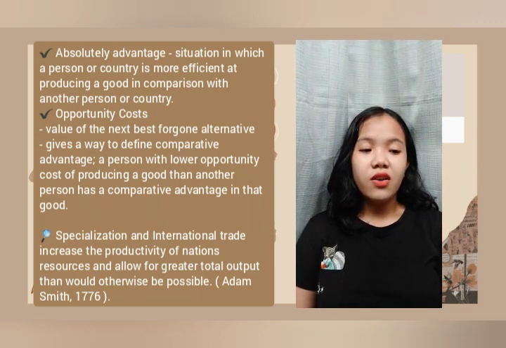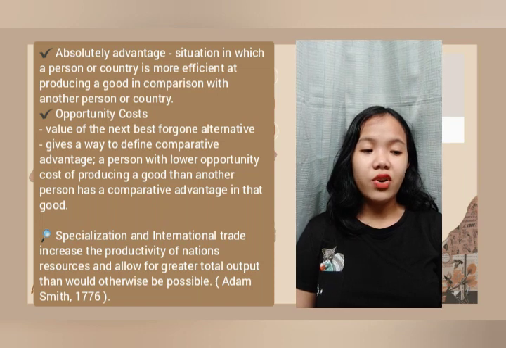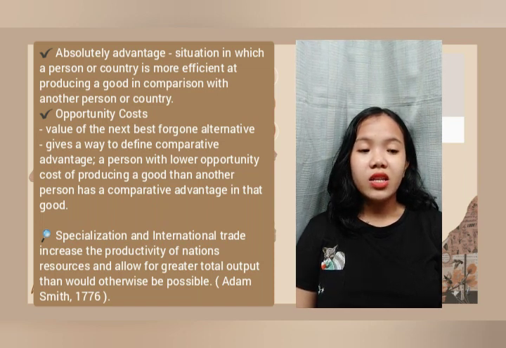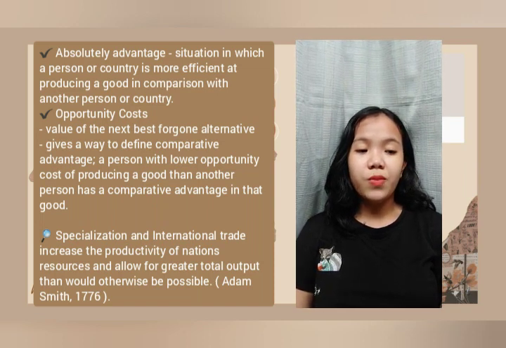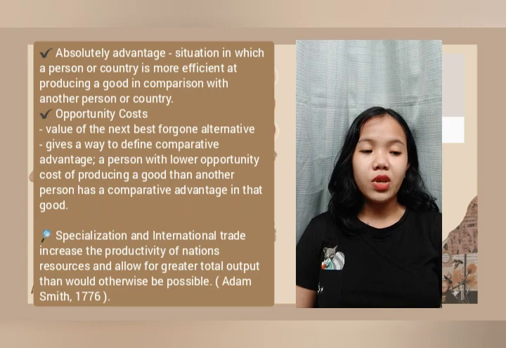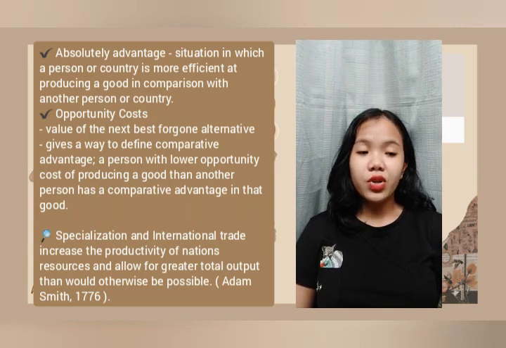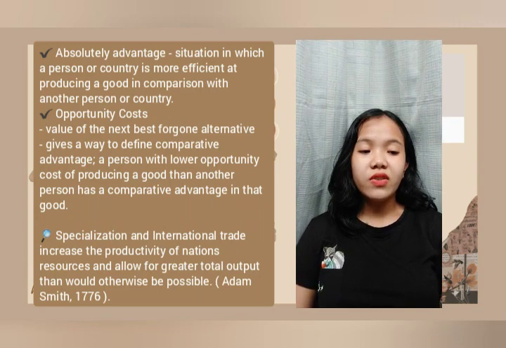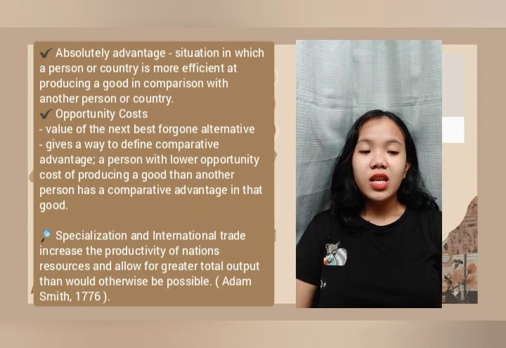Opportunity cost is the value of the next best foregone alternative, which gives a way to define comparative advantage. A person with a lower opportunity cost of producing a good than another person has a comparative advantage in that good.